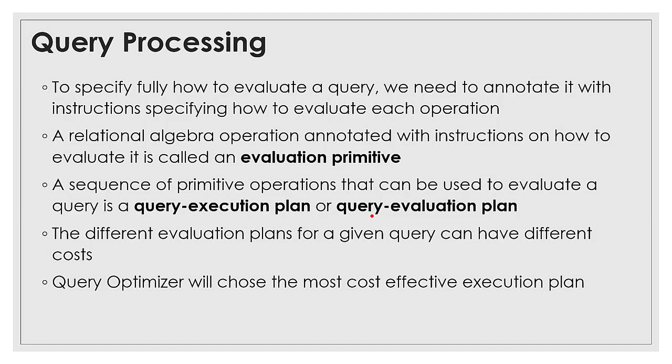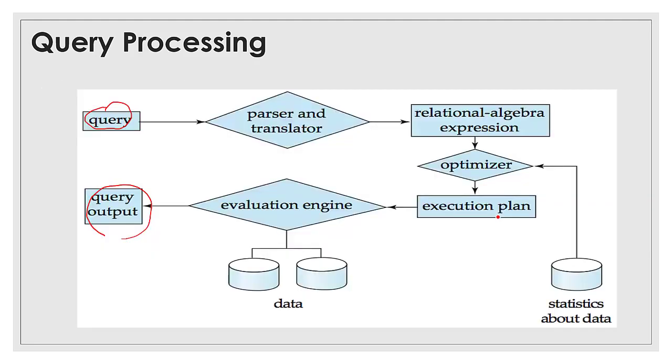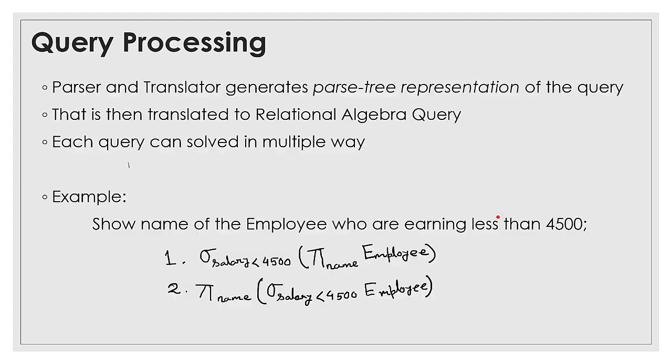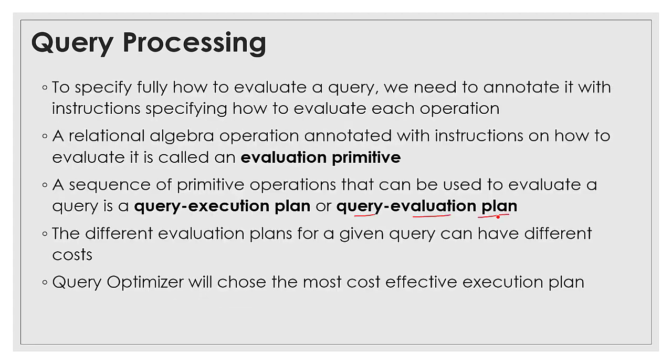So the parser and translator actually give you multiple query evaluation plans. After the parser and translator generate those evaluation plans, they will go to the optimizer, and the query optimizer will choose the most cost effective execution plan, and that will go to the evaluation engine.